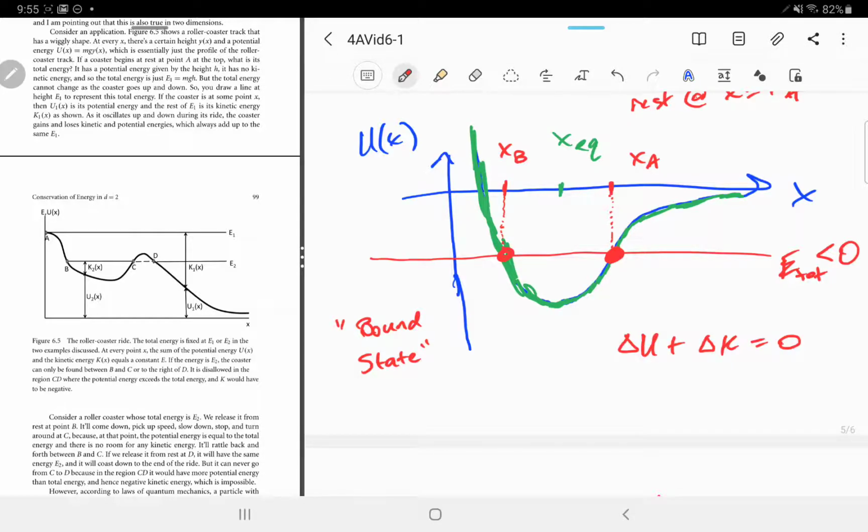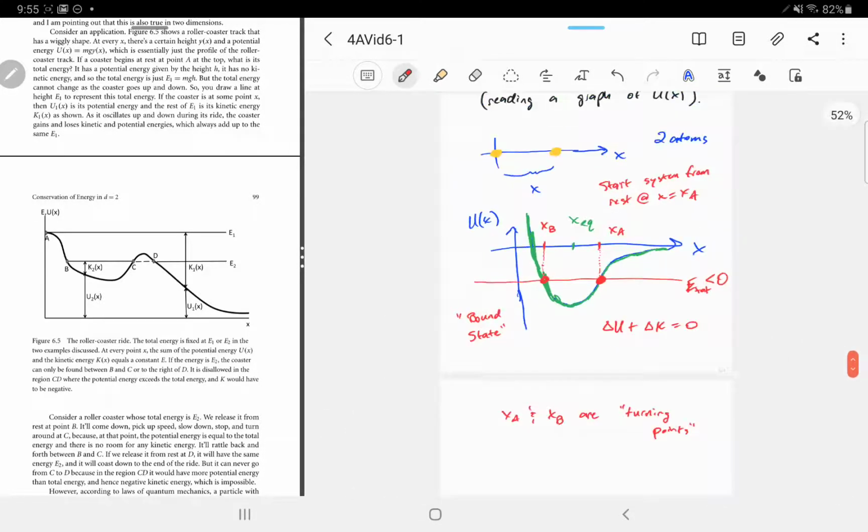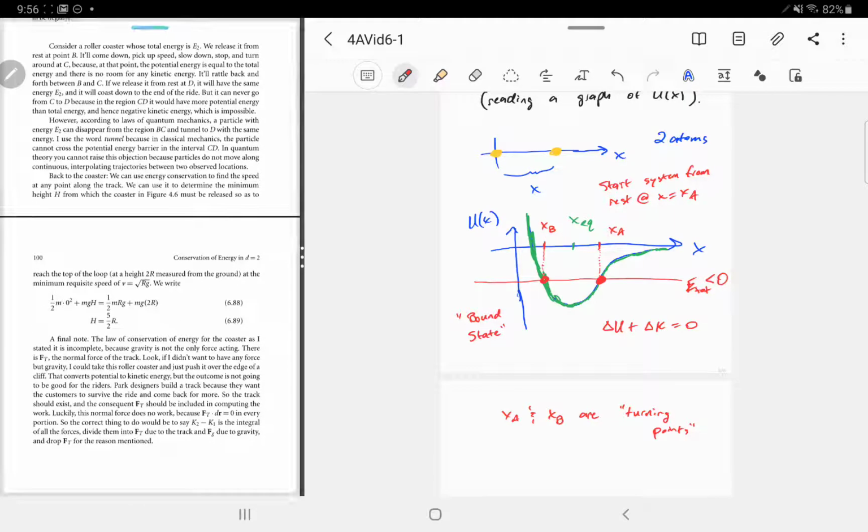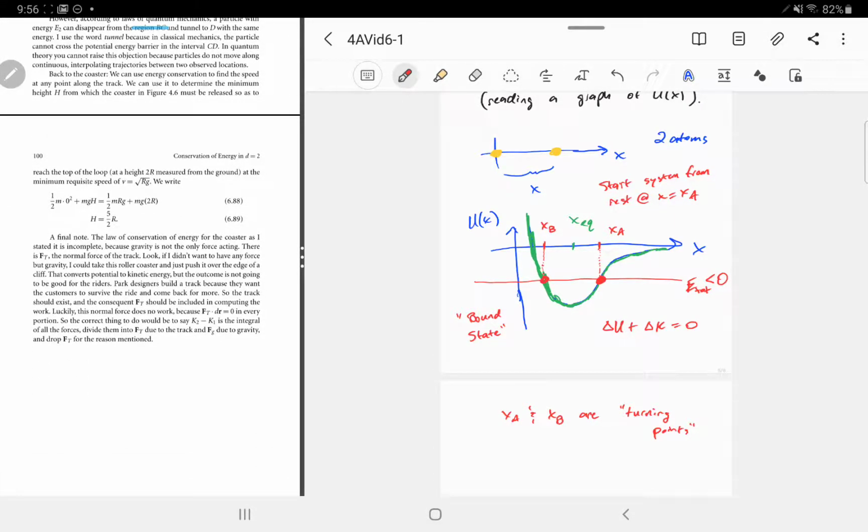What winds up happening if you start off with these two atoms is that they oscillate around their equilibrium position. They go back and forth between x_B and x_A. They have zero kinetic energy at the turning points, and maximum kinetic energy at the equilibrium position right there.